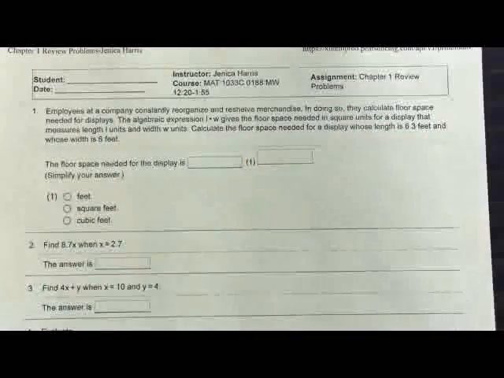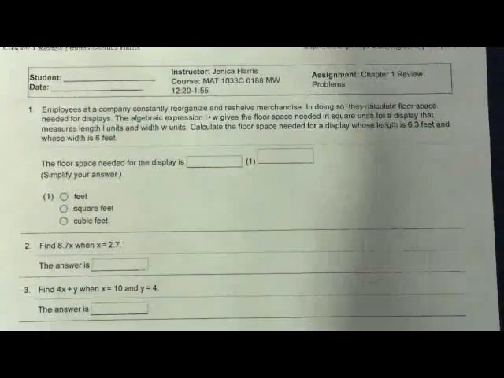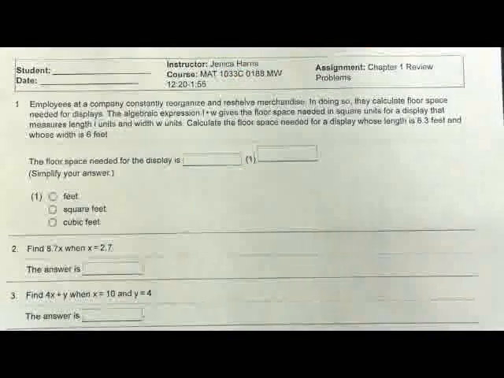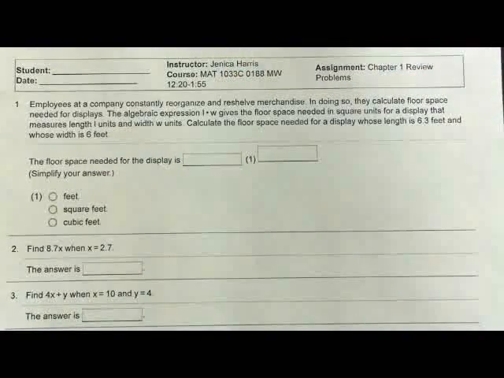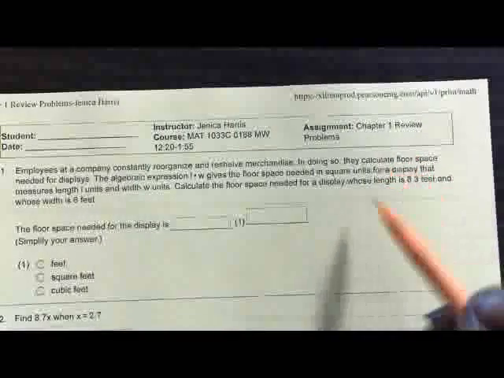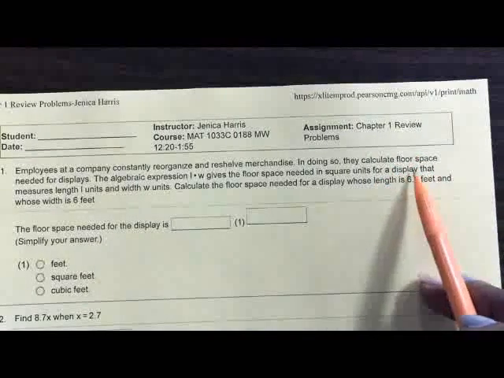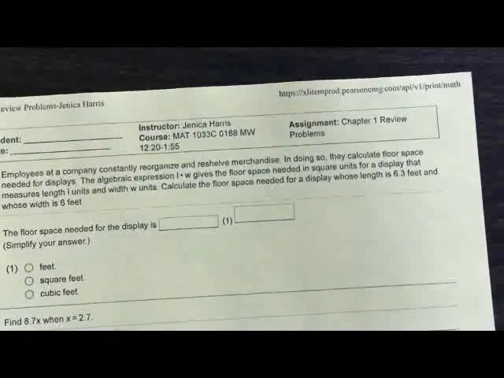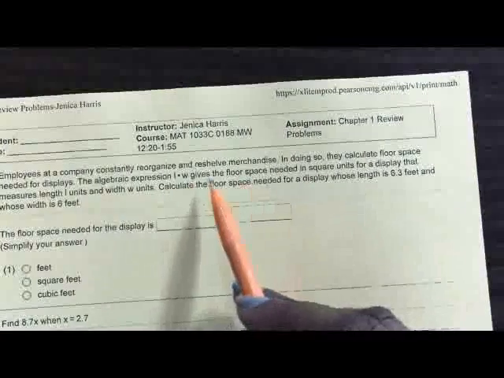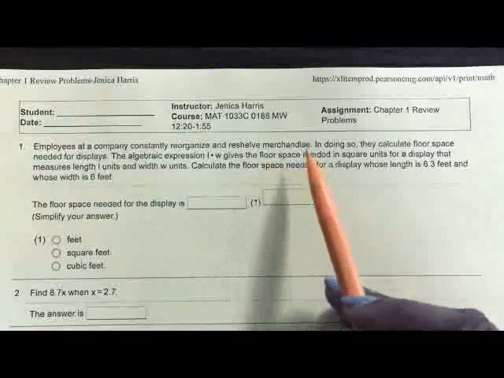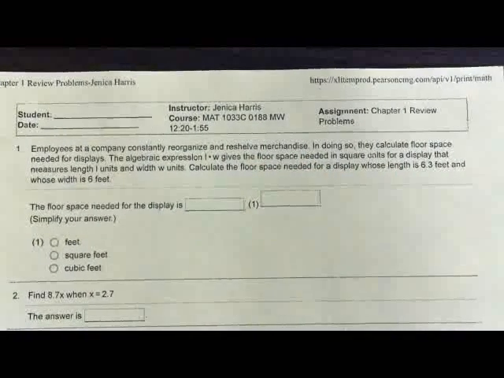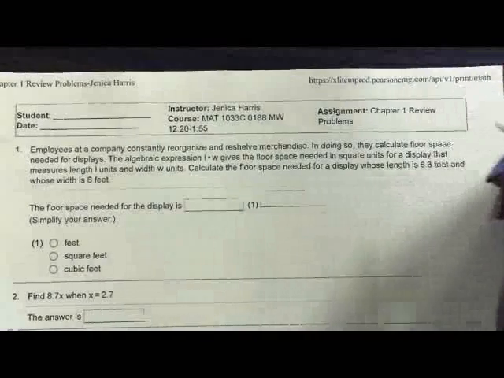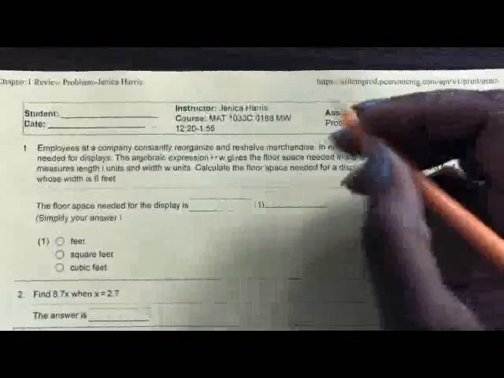If you look at number 1, it says employees at a company constantly reorganize and reshelve merchandise. In doing so, they calculate floor space needed for displays. The algebraic expression L times W, which is length times width, gives the floor space needed in square units for a display that measures length in L units and width in W units.